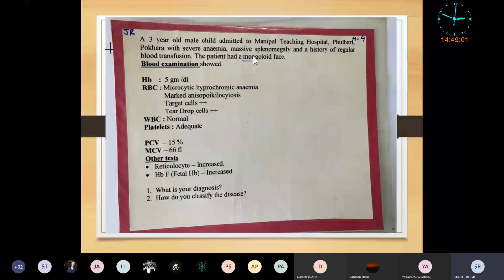And hemoglobin is 5 gram per deciliter, so there is severe anemia, along with a microcytic hypochromic picture with marked anisopoikilocytosis, many target cells and many teardrop cells with decreased PCV and MCV. Increased reticulocyte, increased fetal hemoglobin. So what is the diagnosis? Thalassemia. Okay, very good. Thalassemia. So why do you say this is a thalassemia?